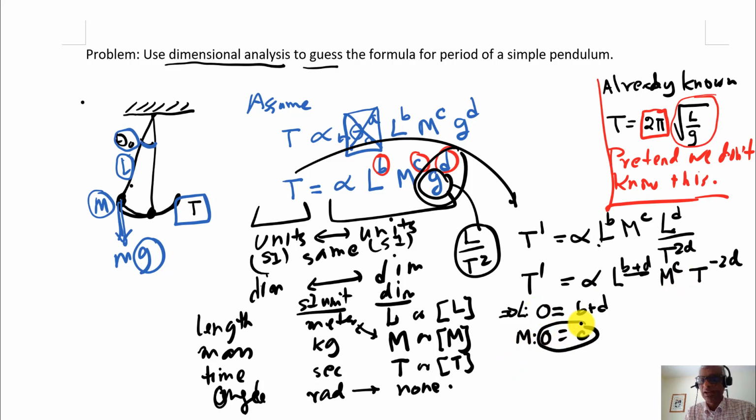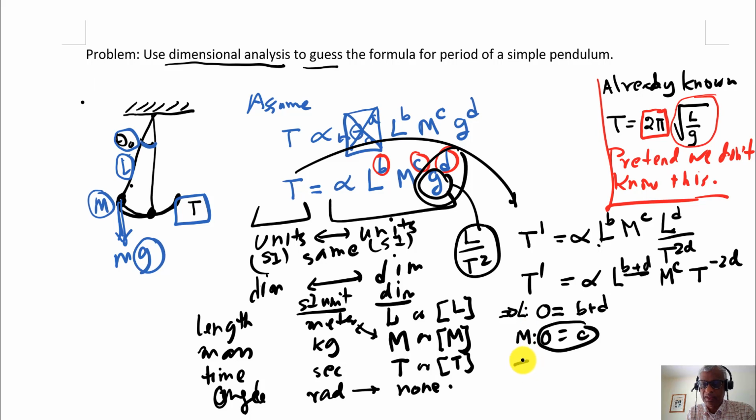It doesn't depend on mass. That's one of the interesting consequences of this. When you swing pendulums of different mass, they all swing with the same frequency as long as the length and g are the same. All pendulums of the same length swing with the same period, regardless of mass.